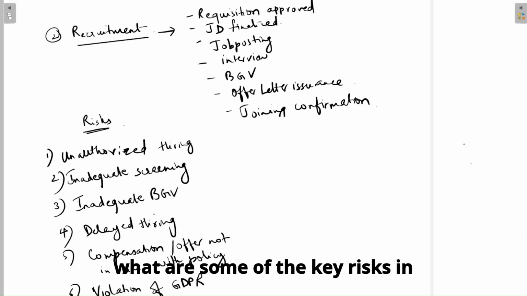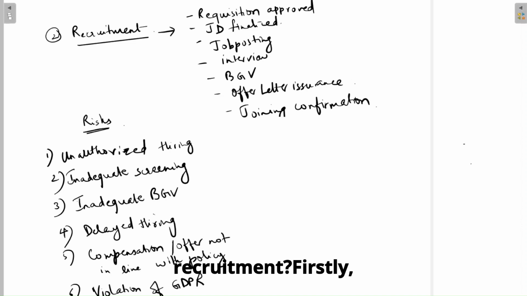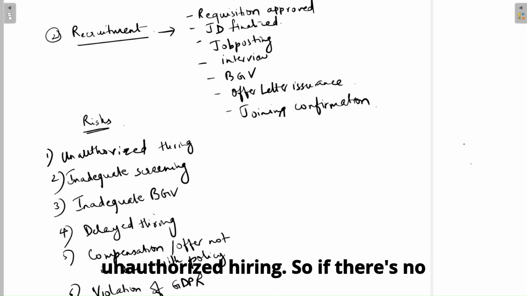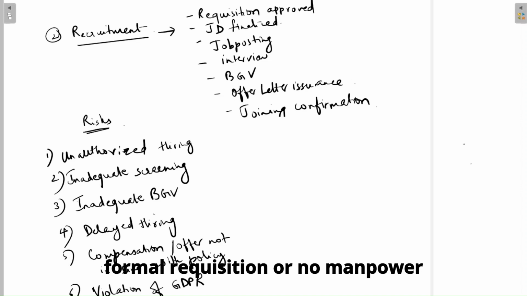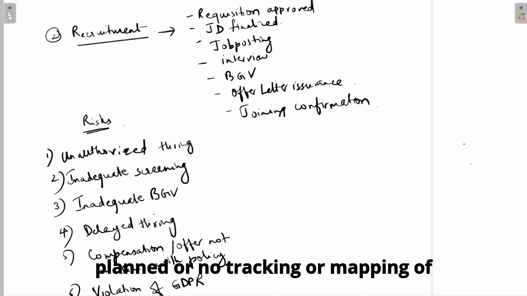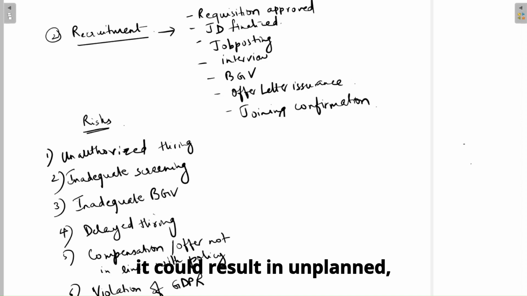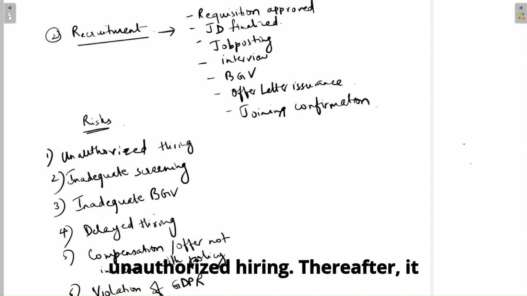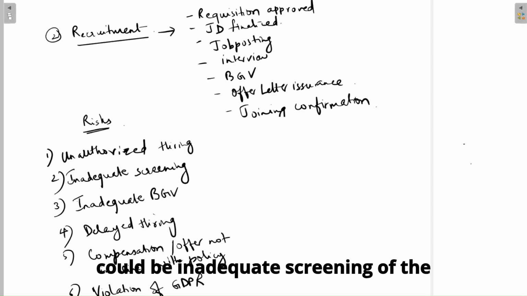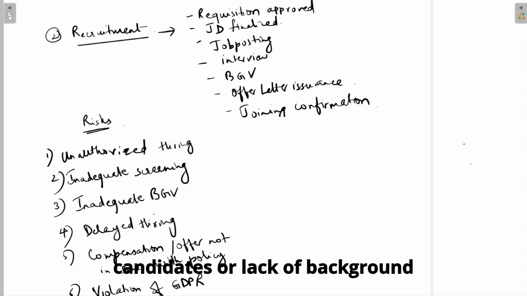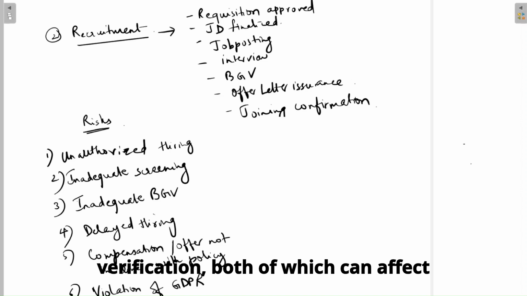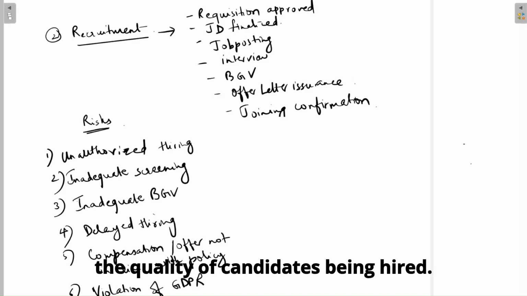So what are some of the key risks in recruitment? Firstly, unauthorized hiring. So if there's no formal requisition or no manpower planned or no tracking or mapping of the requisition against the budget, then it could result in unplanned, unauthorized hiring. Thereafter, it could be inadequate screening of the candidates or lack of background verification or poor background verification, both of which can affect the quality of candidates being hired.